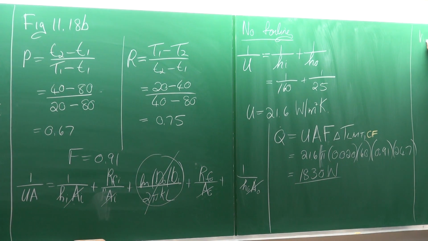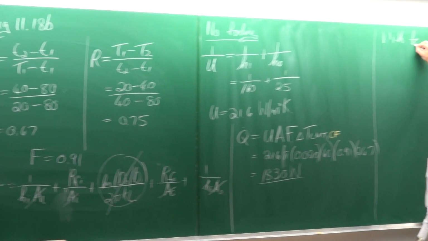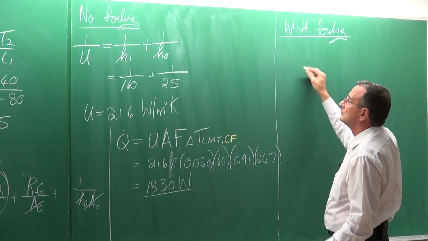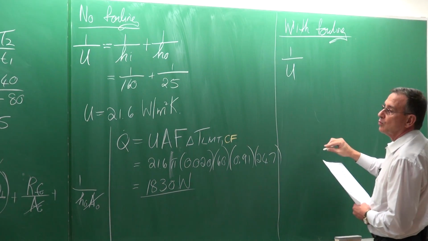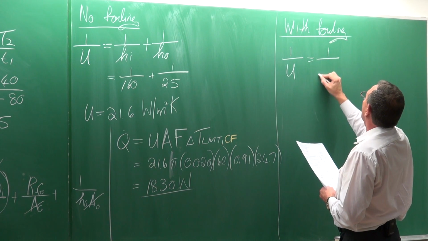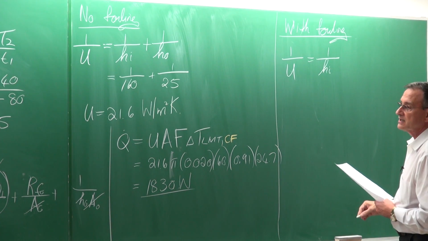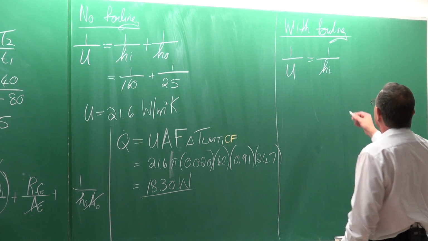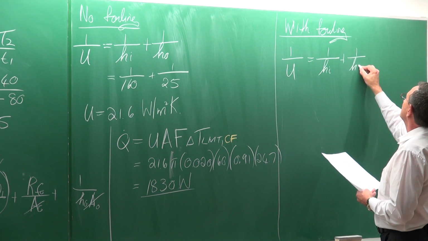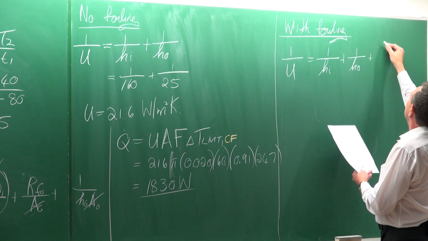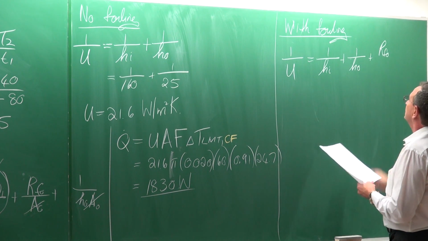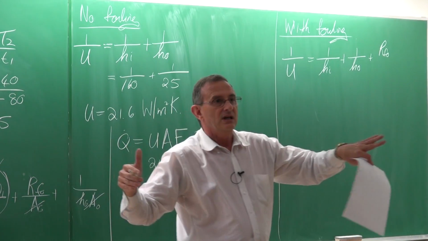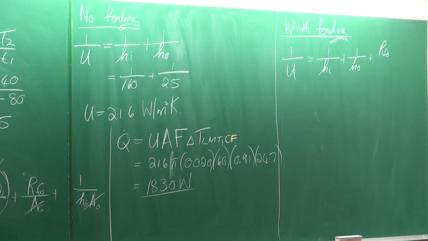So again, with fouling, we're going to have the equation 1 divided by U is equal to 1 divided by the heat transfer coefficient on the inside, plus the fouling on the inside, plus 1 divided by the heat transfer coefficient on the outside, plus the fouling on the outside. Remember, the area cancelled out because the inlet area and the outlet area is exactly the same. It is a thin-walled tube.